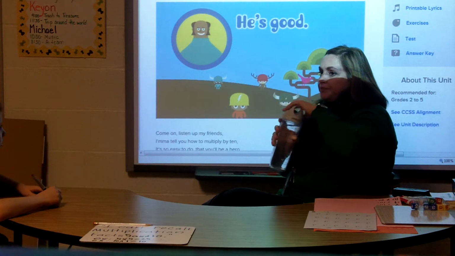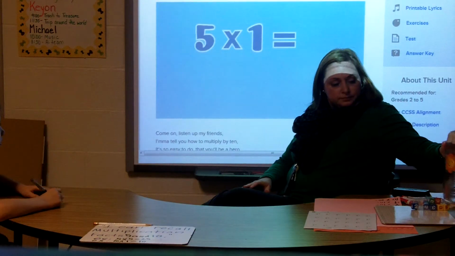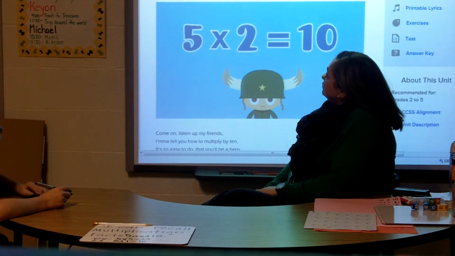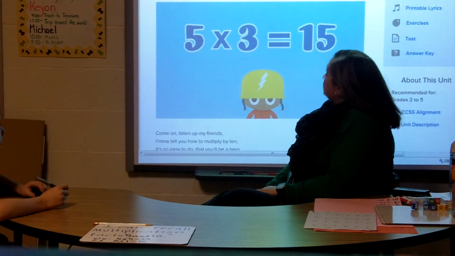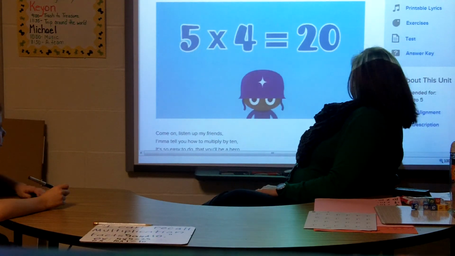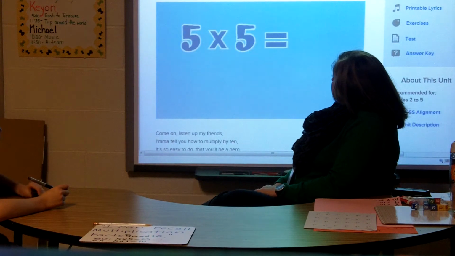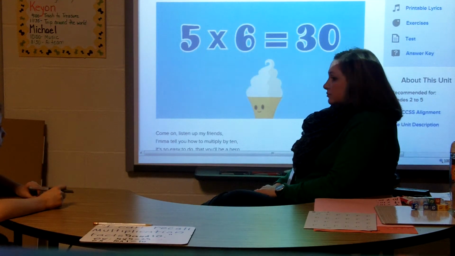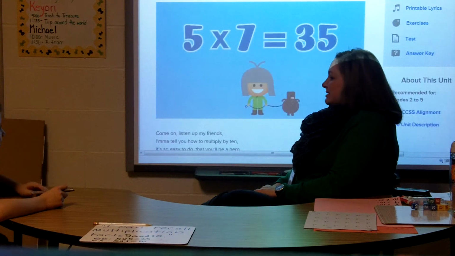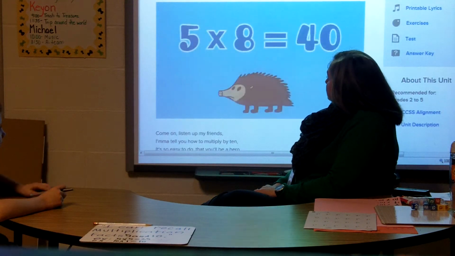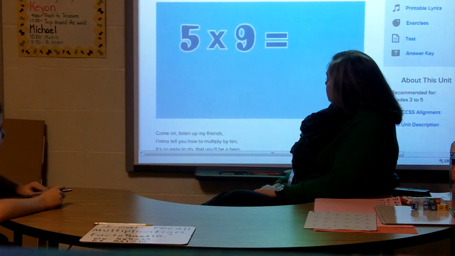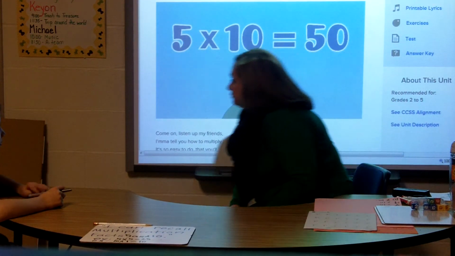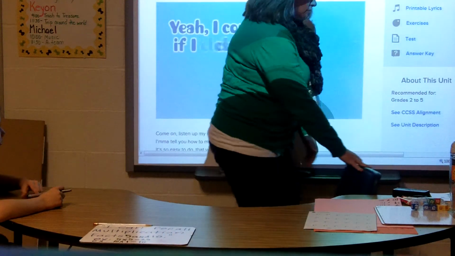5 times 1 is 5. 5 times 2 is 10. 5 times 3 is 15. 5 times 4 is 20. 5 times 5 is 25. 5 times 6 is 30. 5 times 7 is 35. And 5 times 8 is 40. 5 times 9 is 45. 5 times 10 is 50. I can do it if I close my eyes.